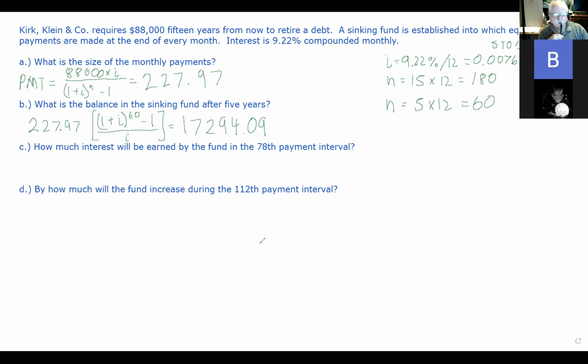So how much interest will be earned by the fund in the 78th payment interval? What we're going to have to do is find the balance in the fund after 77 payment intervals.